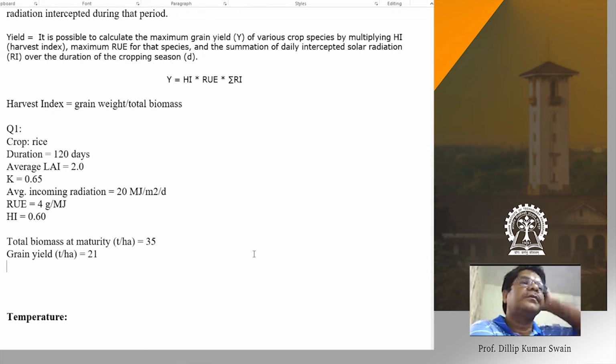Okay. 35, 21 also same, because once you get the biomass, then multiply by harvest index, you get the grain yield. 21 for the biomass or grain yield, Abhilash? Sir, 21 is for the grain yield. Biomass is coming to be 35. This is correct. Yeah.